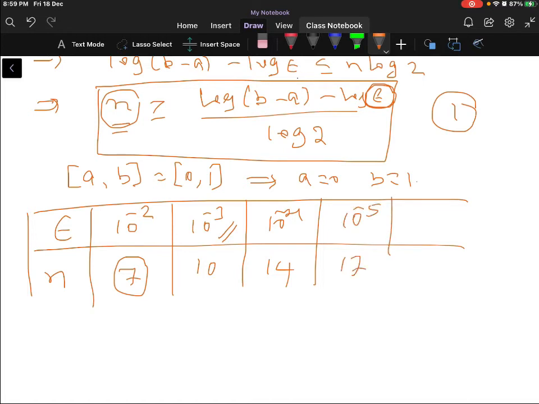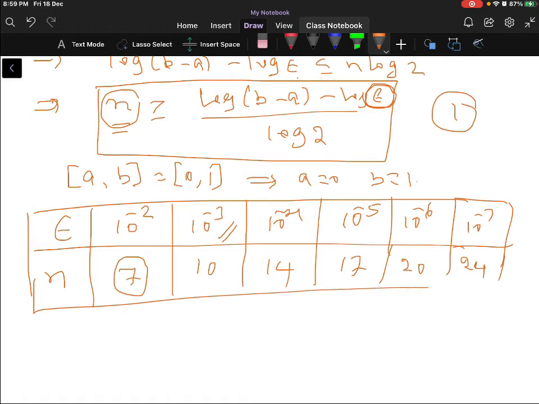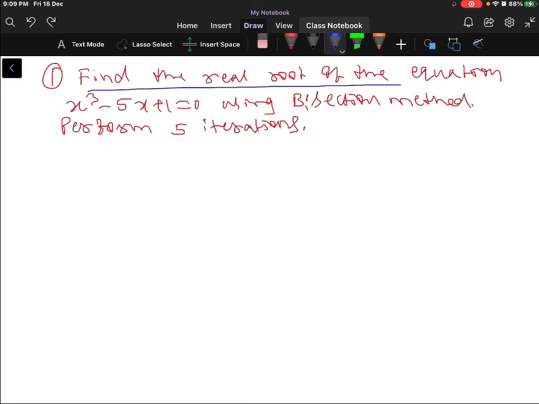If we take the error 10 to the power of minus 5, it requires 17 iterations. 10 to the power of minus 6 requires 20 iterations. And 10 to the power of minus 7 requires 24 iterations. Therefore, the drawback of the bisection method is that it requires a large number of iterations to obtain the desired degree of accuracy for the root.